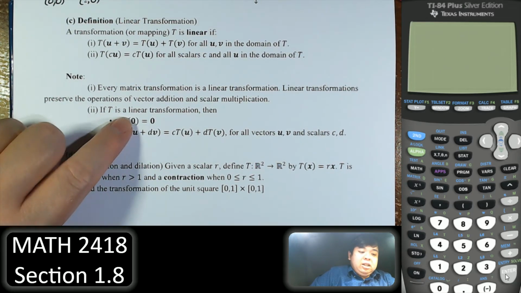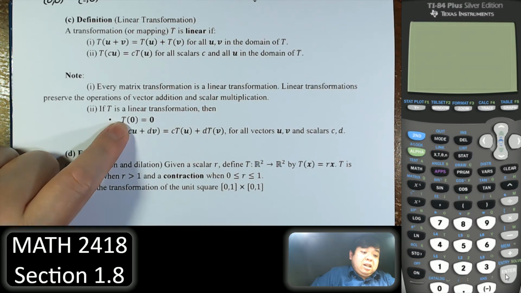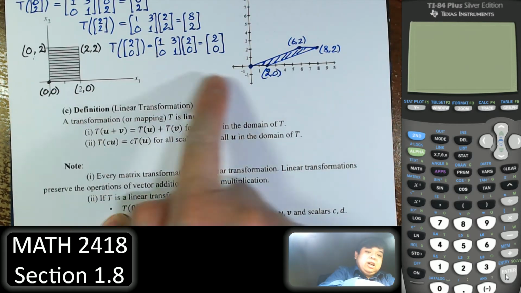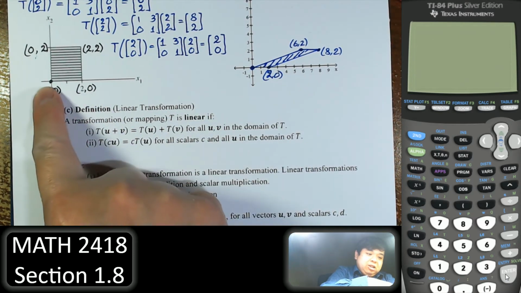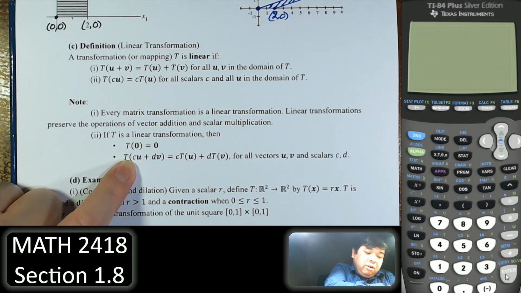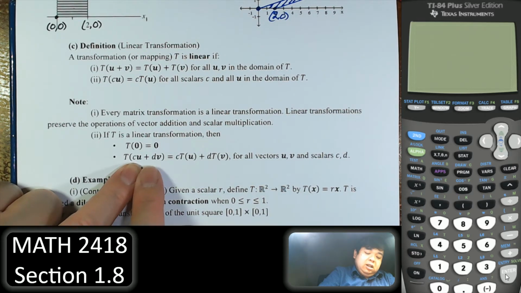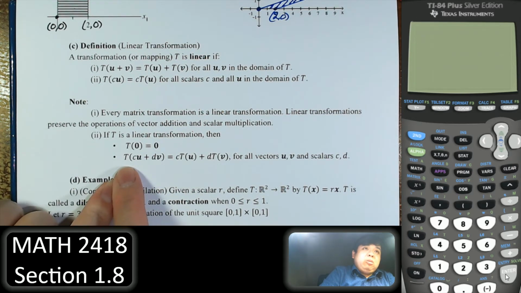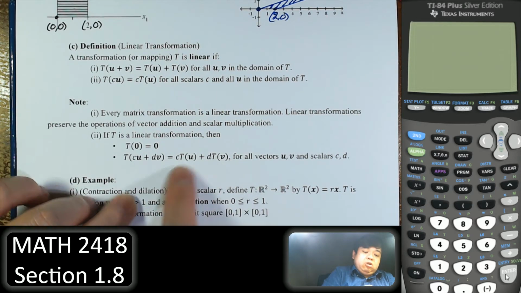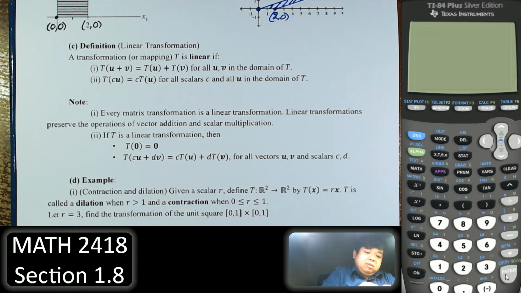The property of a linear transformation is that it transforms 0 into 0, exactly what we have here, right? For 0, 0 to 0, 0. And the transformation of a linear combination is the linear combination of the transformations.